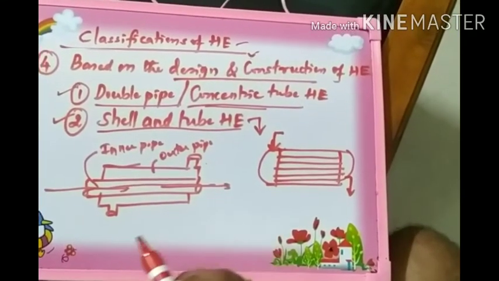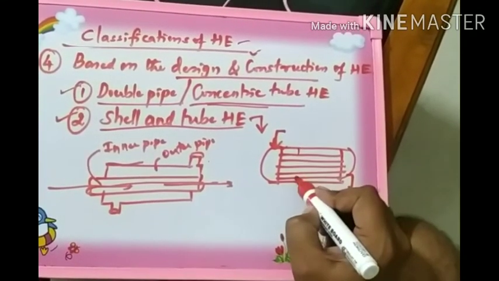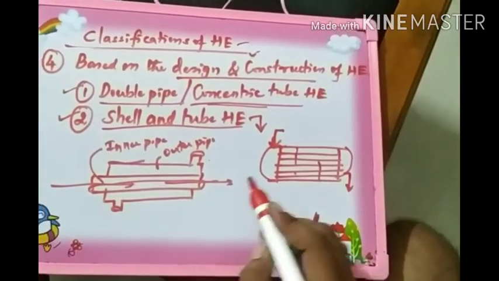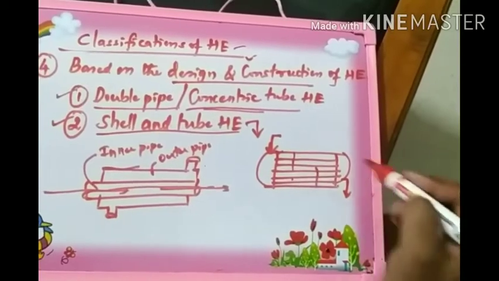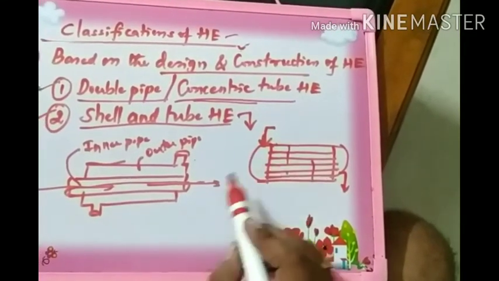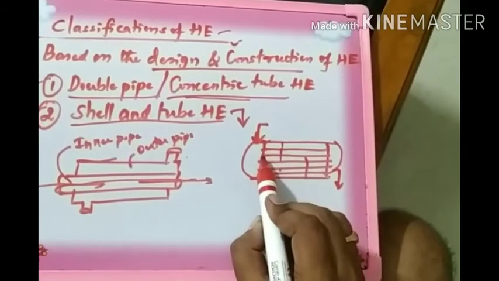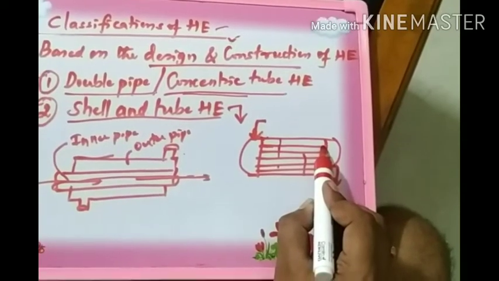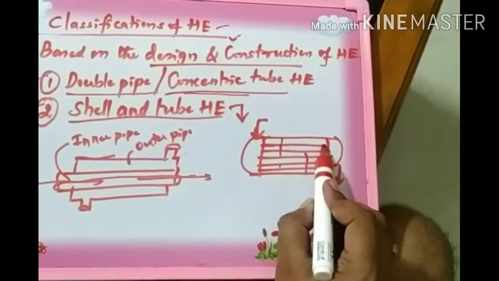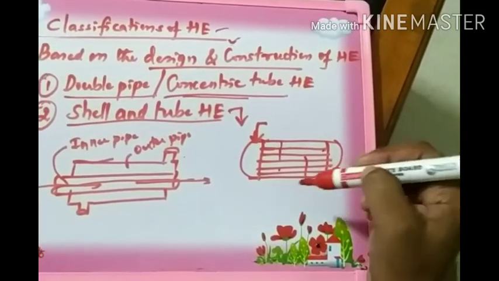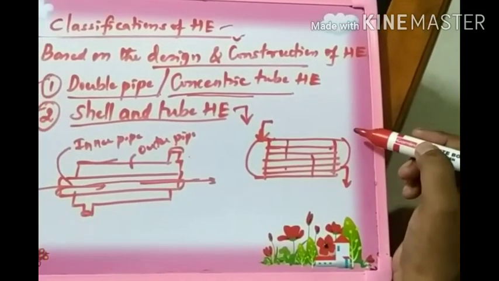Fine. So in this category of heat exchanger, there is a hollow shell, into which there are hollow tubes. We are going to make the hot fluid flow into the tubes of this heat exchanger, and we will make the cold fluid flow in the shell of the heat exchanger.